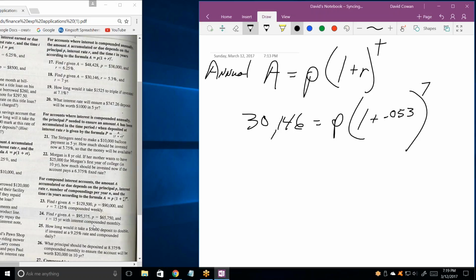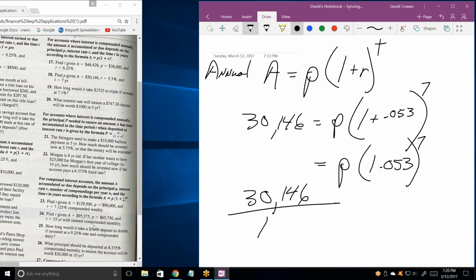Now, we don't need logarithms to solve this. This is the same as P times 1.053 to the 7th power, which means P is equal to 30,146 divided by 1.053 to the 7th. That's all pure algebra.